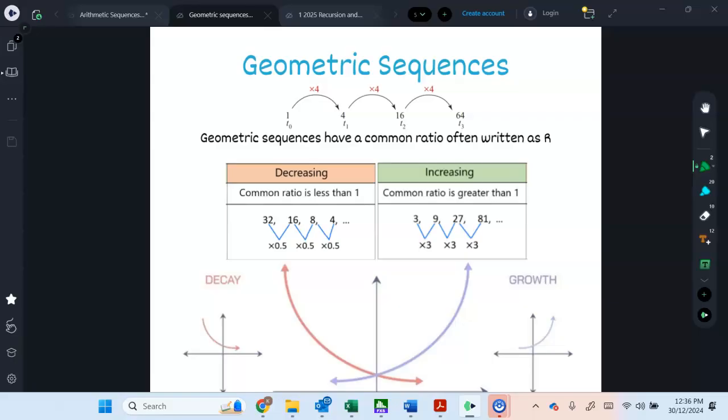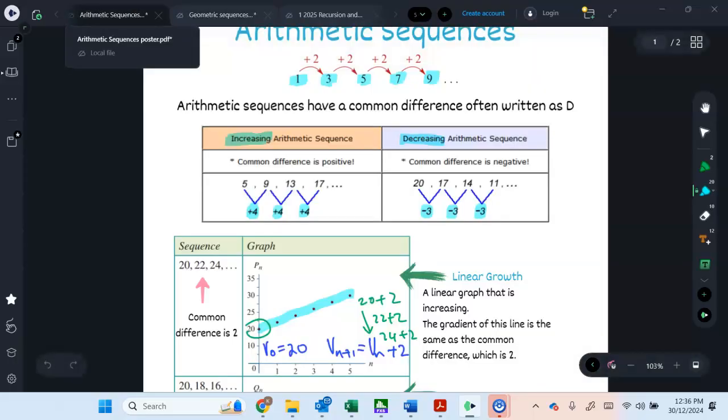Geometric sequences are slightly different. Instead of adding a common difference, we are now multiplying by a common factor. So this one here, we are multiplying by 4. Now, the difference between arithmetic and geometric: here we add and we can subtract.